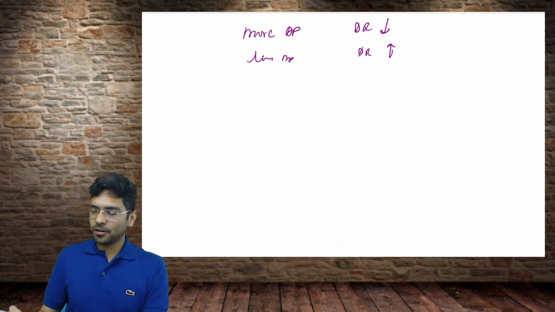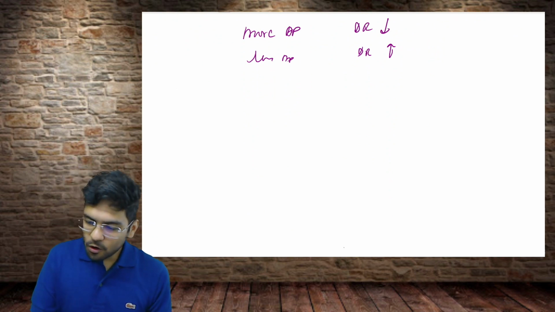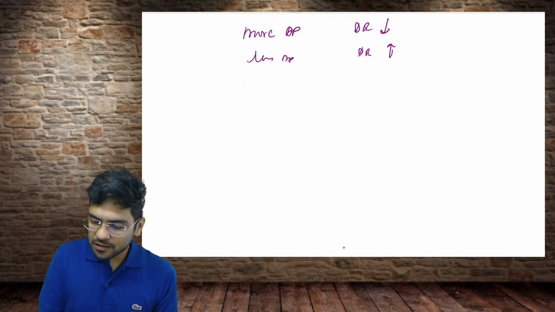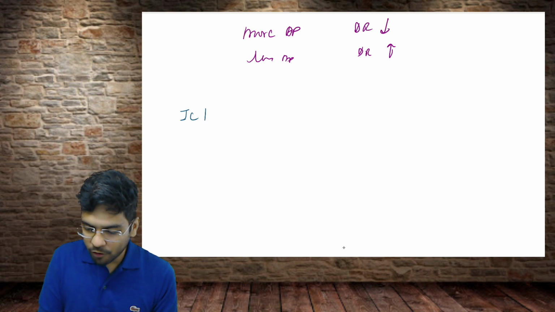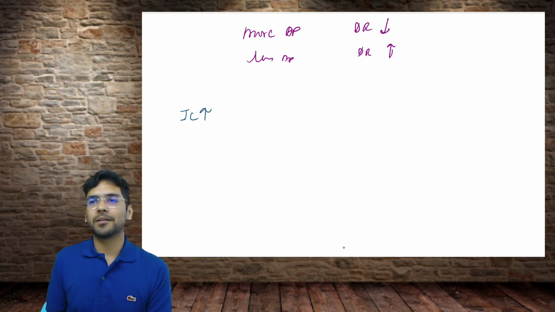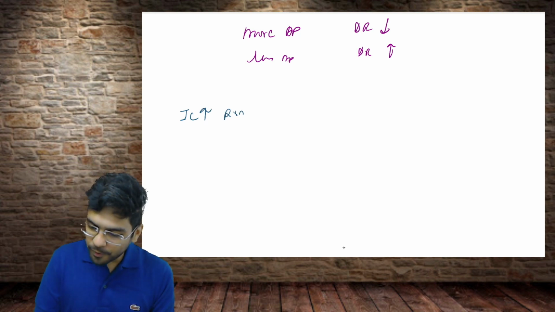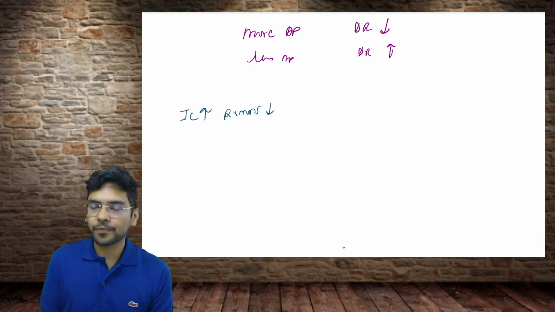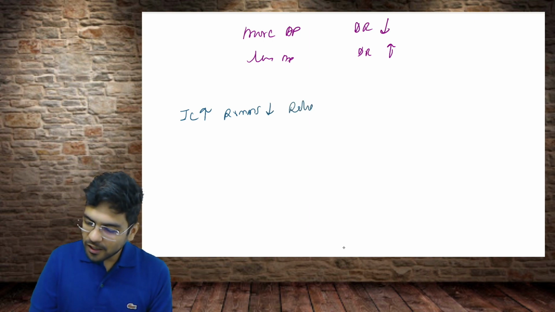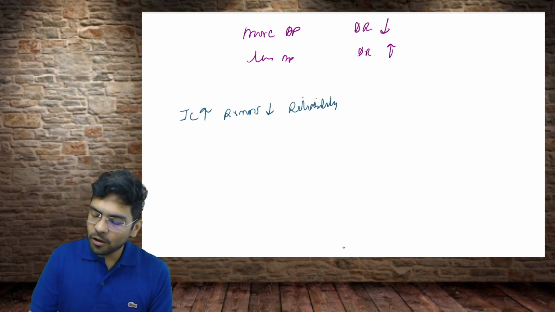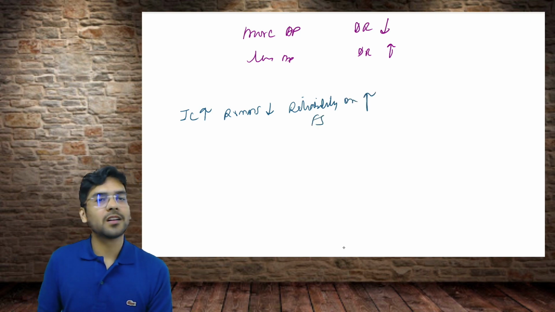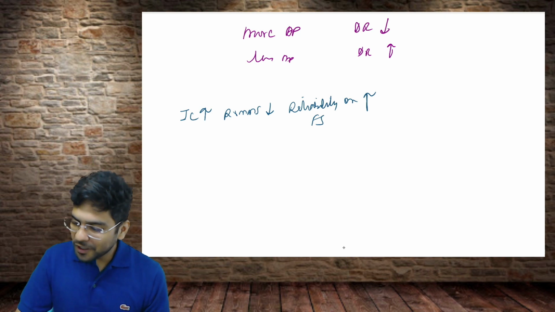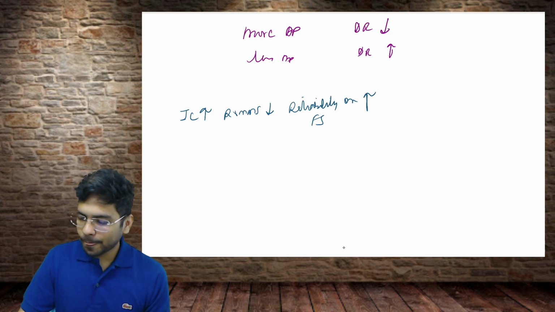Now, putting it in very simple layman's terms again, let me just understand this chain of sequence. If internal controls in an organization are adequate, the risk of material misstatement will be low. That means reliability on financial statements will be more. So in this case, you would be happy with less detection risk.